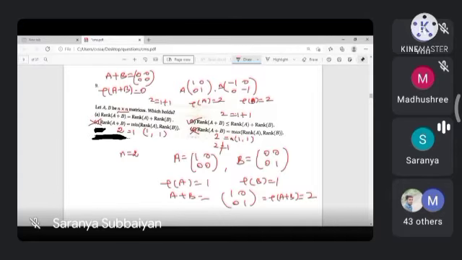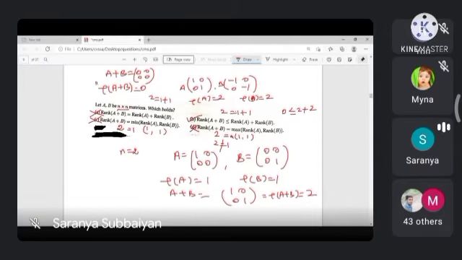So 0 is less than or equal to 2 plus 2, right? The equal condition we already saw, but here 0 is not equal to 4, right? So option A is wrong, option B is correct. Is there any doubt? No doubt, ma'am. Okay. So next problem.